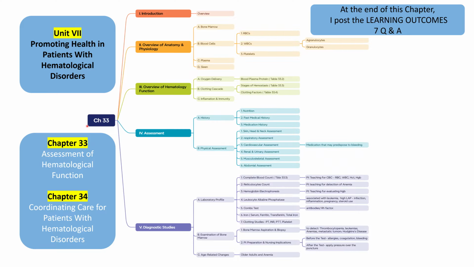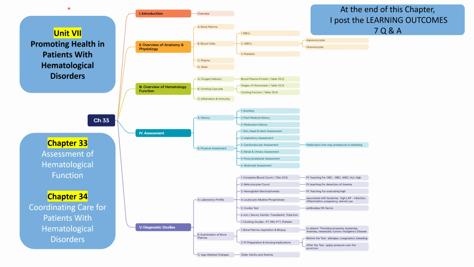And since we are in chapter 33, this is the concept map that I always use, and if you take a short screen of this picture, you kind of know what is going on in this chapter. It's very quick, and it's repeated from anatomy and physiology and everything we know about blood.